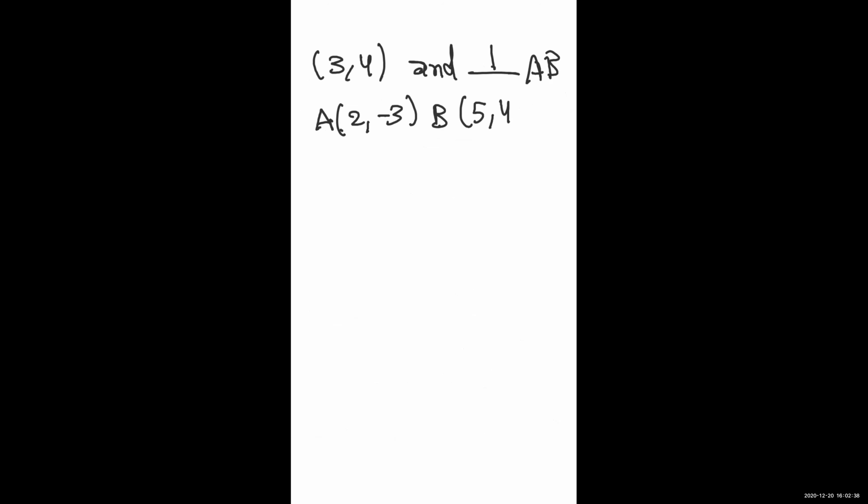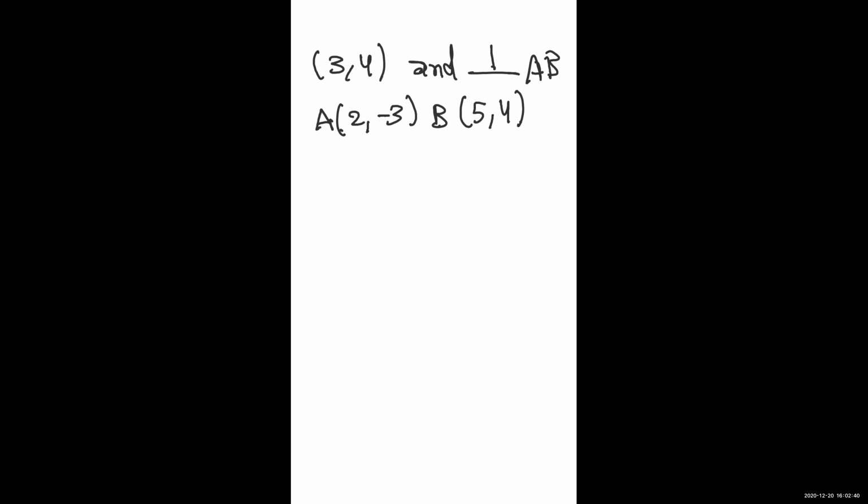Find the equation of the straight line which passes through the point (3, 4) and is perpendicular to AB, where A is (2, -3) and B is (5, 4).